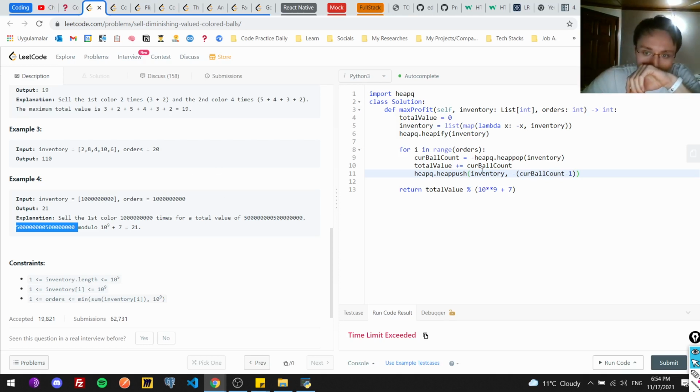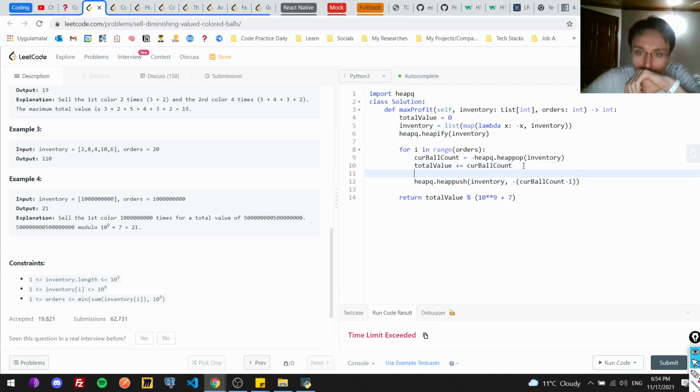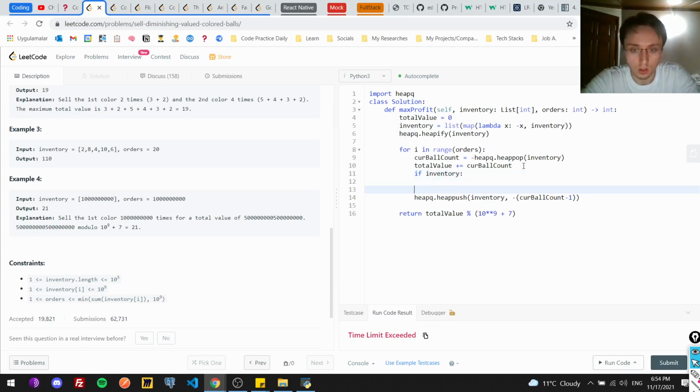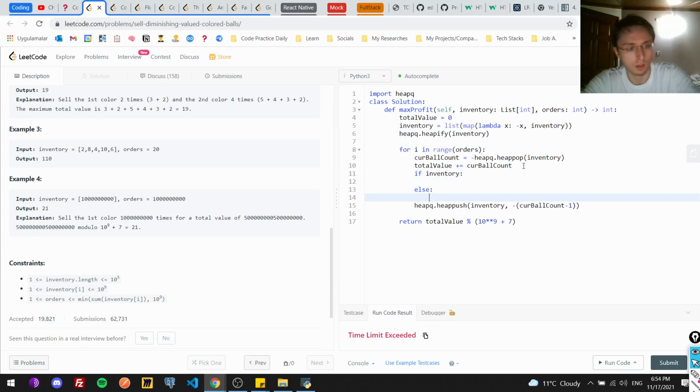So instead of adding this, what I can do here is that if inventory is not empty, else you just do it like that. Total value, just 1 second.